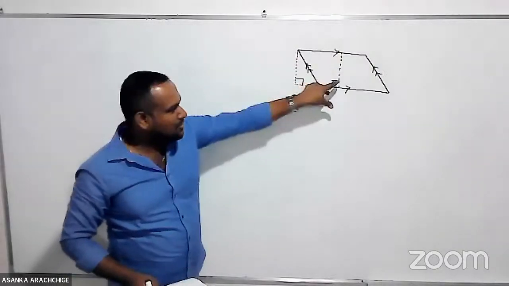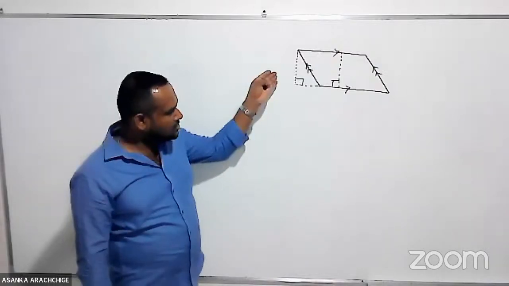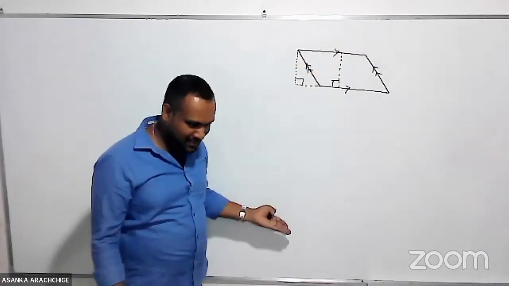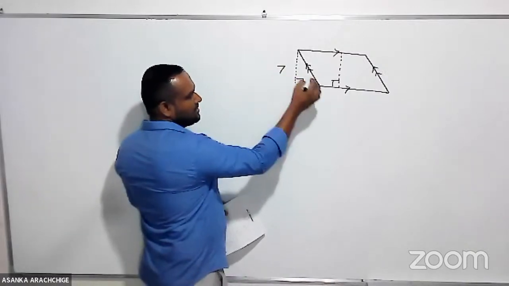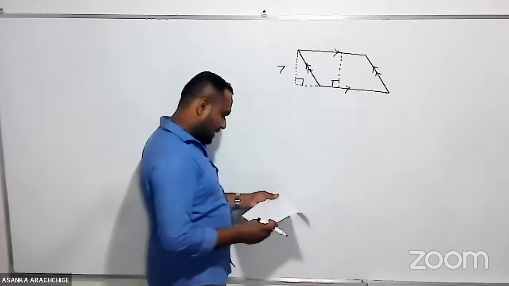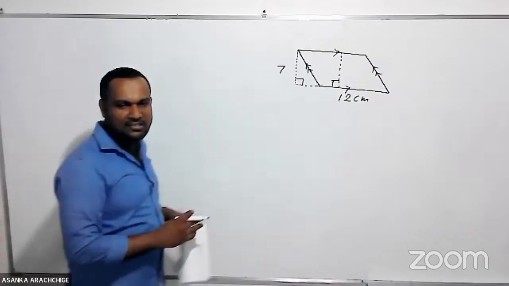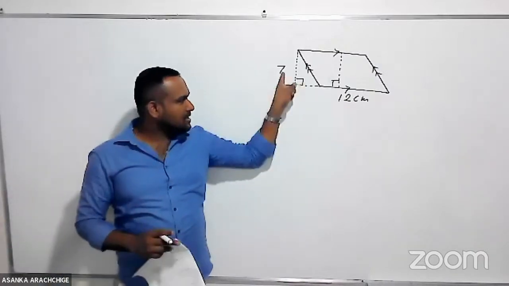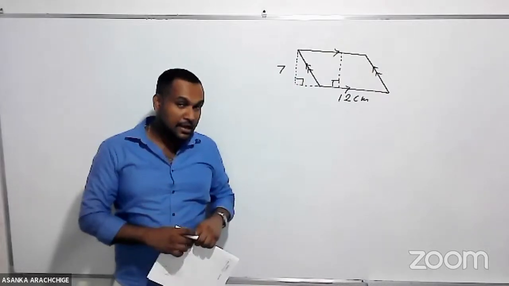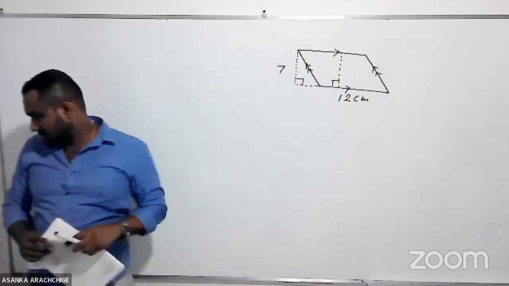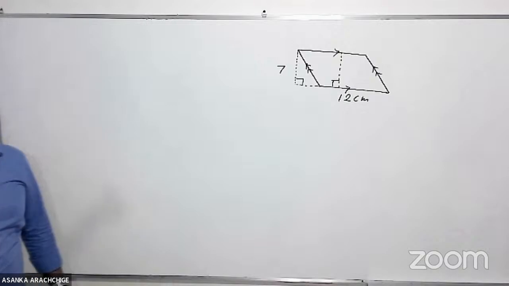Whether it is given this way or this way, both mean the same. Clear? That is 7 centimeters. And A is 12 centimeters. Very simple. Area is 12 centimeters into 7 centimeters, 84 square centimeters.